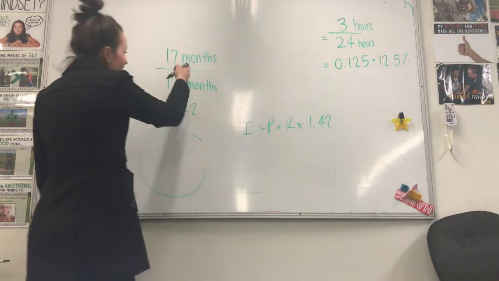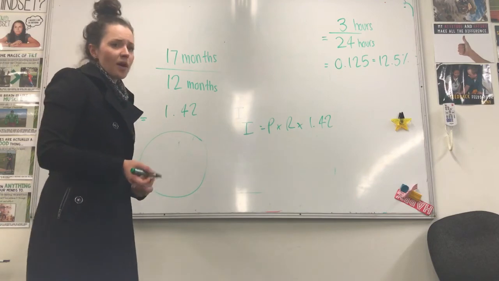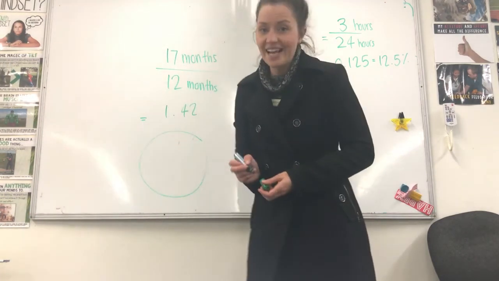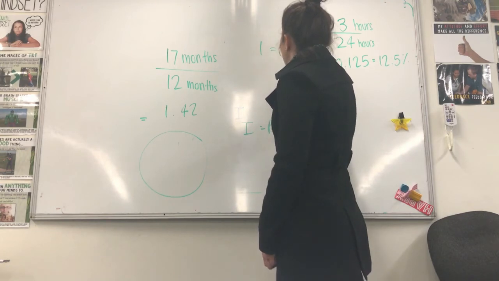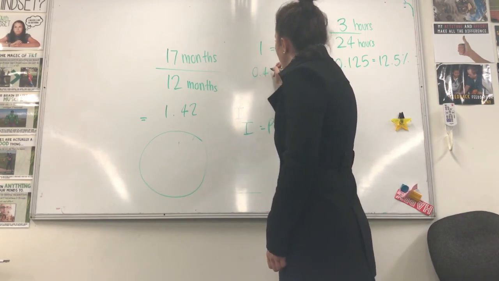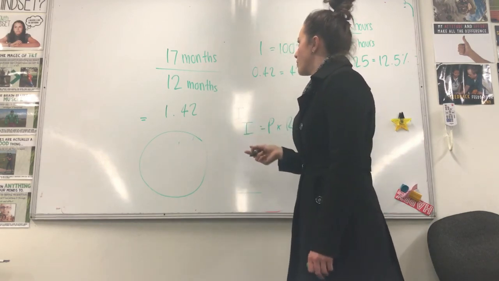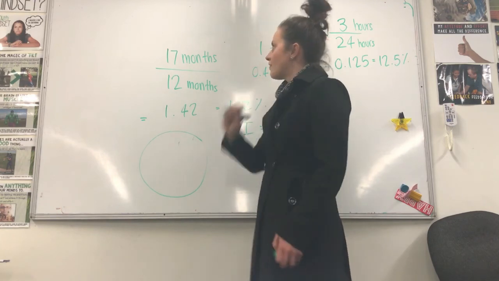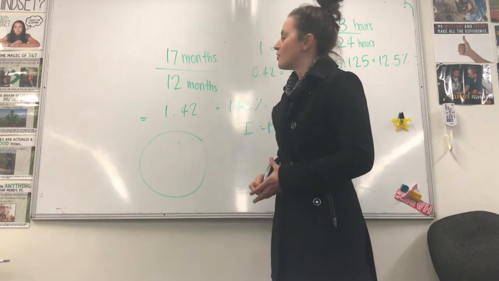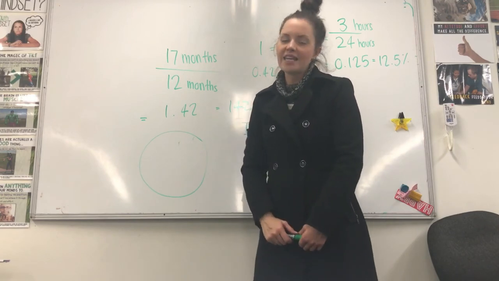And 17 months in relation to a year is 142% of a year, because remember that 1 equals 100% and 0.42 equals 42%. So when we have 1.42, that equals 142%. So 17 months is 142% of a year, 12 months.